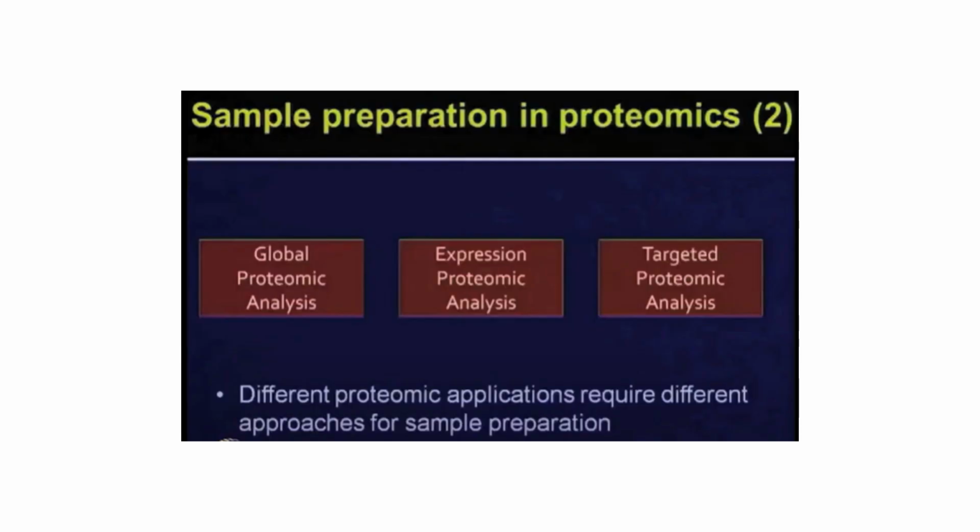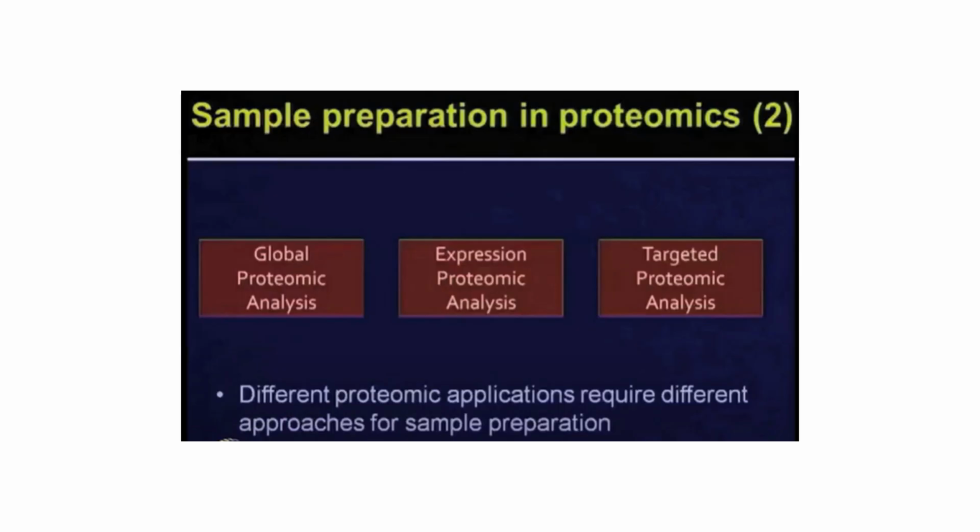If you are trying to study only, for example, a specific organism that you have engineered for expressing a certain type of protein, and you are trying to understand whether that specific protein is overexpressed or not, that becomes expression proteomic analysis.